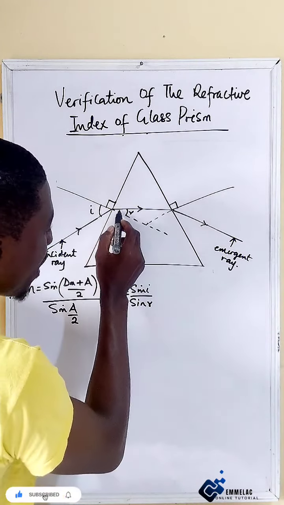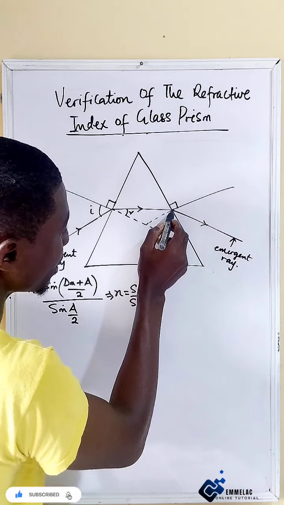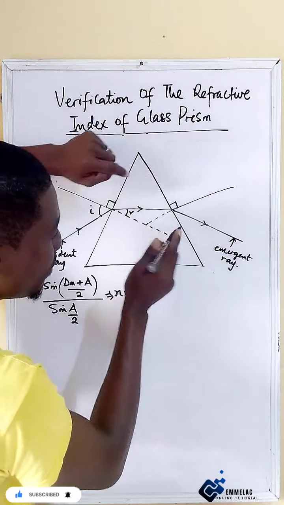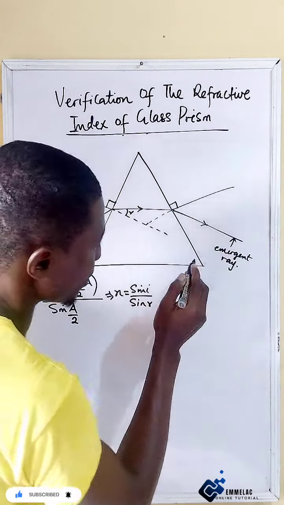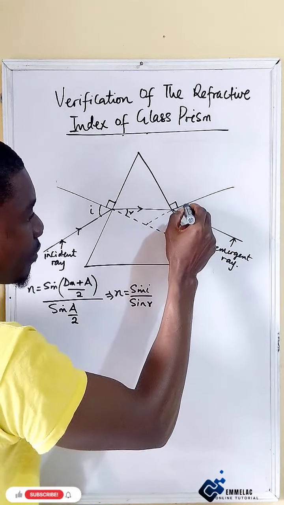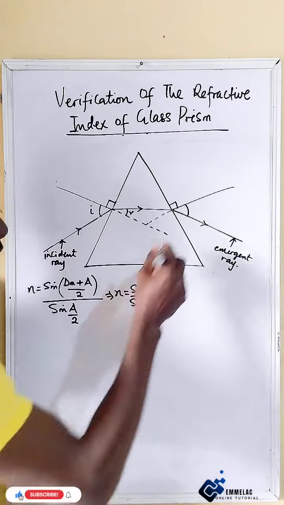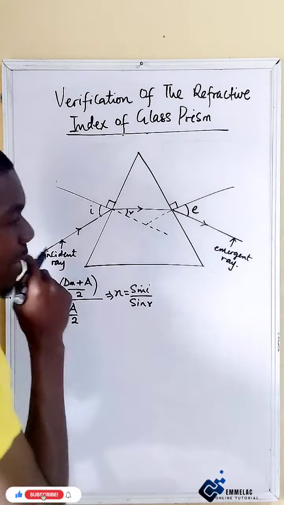Now it travels this pattern, and on getting here as it tends to leave the prism, it emerges out here, forming another angle. This is called the emergent angle.